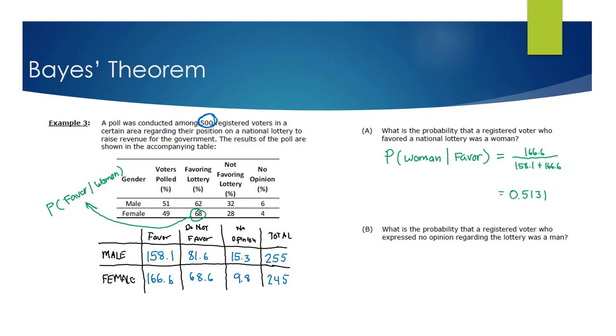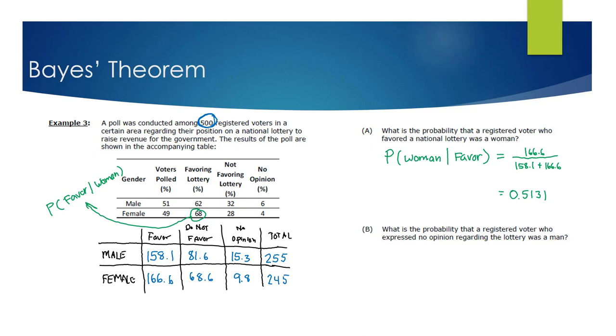But with the table, it makes it much easier, because I'm only looking at the first column, those who are in favor. There are 166.6 women, and the total in that column is 158.1 plus that 166.6. If I carry through that calculation, it's actually about 0.5131.